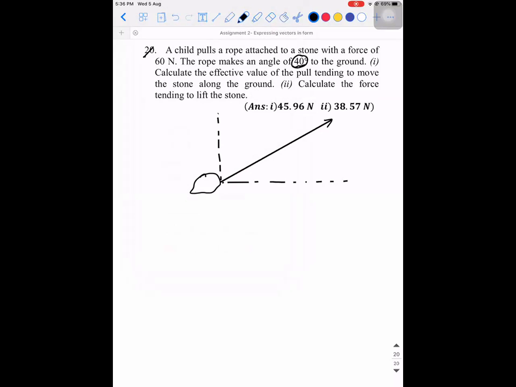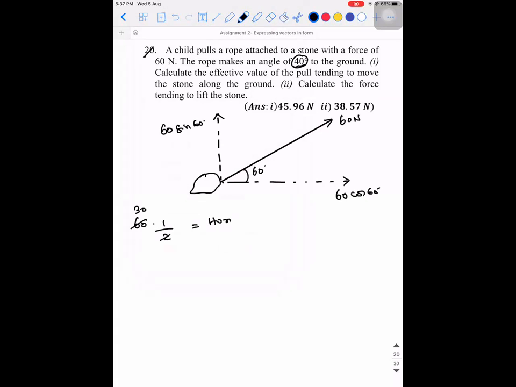So what is the force with which the child is pulling? It is 60 Newton. Let's take this angle as 60 degrees. Then this will be 60 cos 60 degrees, and this will be 60 sin 60. 60 into cos 60 is half, that will be 30.